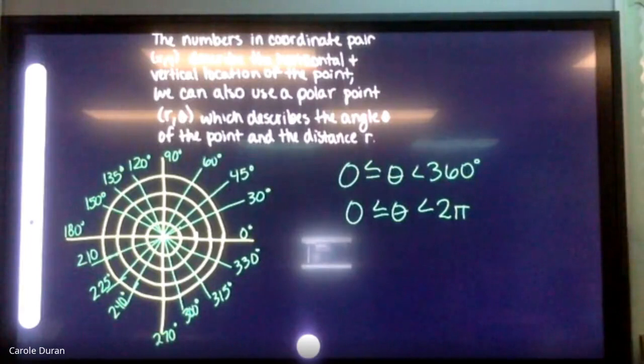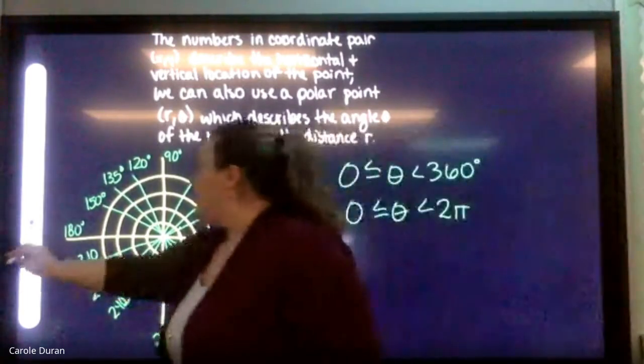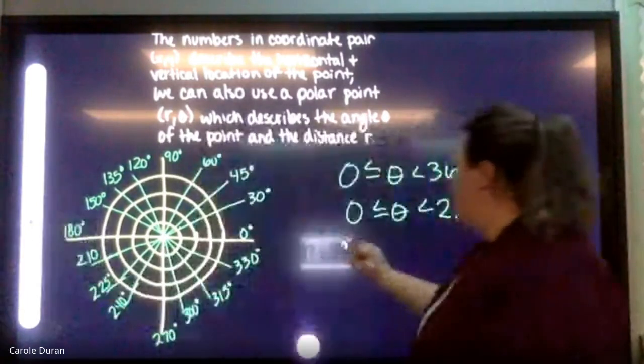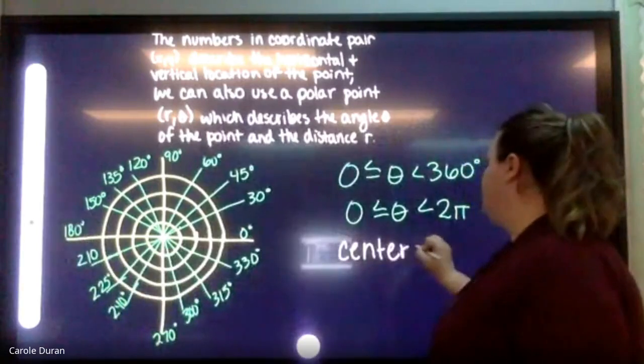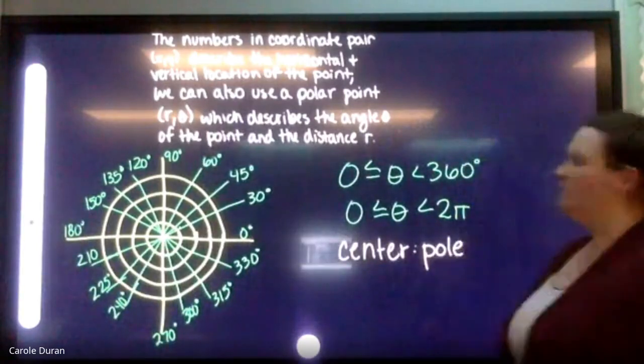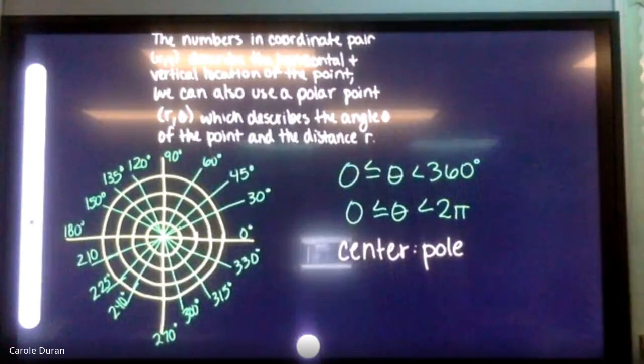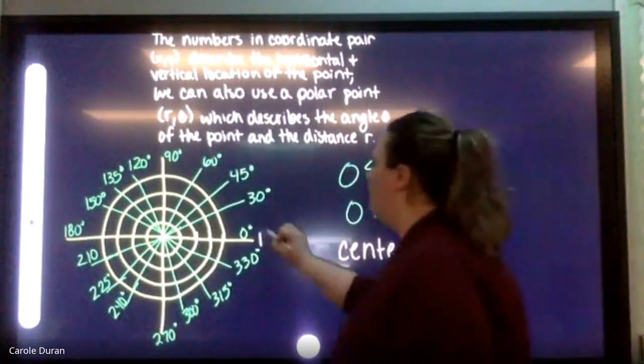The center of my polar coordinate system is called the pole. And my 0-degree angle is also called my polar axis.